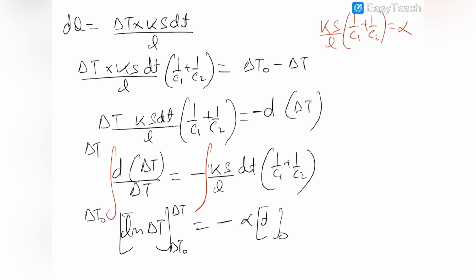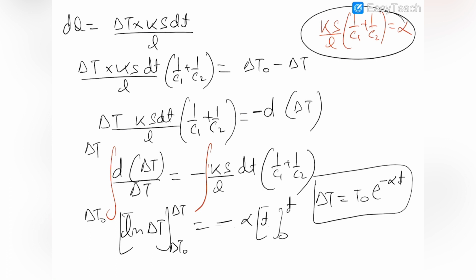The limit is 0 to t. So ΔT is equal to ΔT naught e to the power minus alpha t, where alpha is this one. So this is the difference of temperature as a function of time between these two metal chunks.